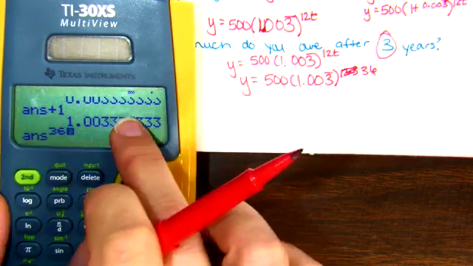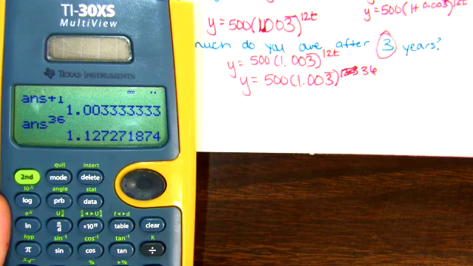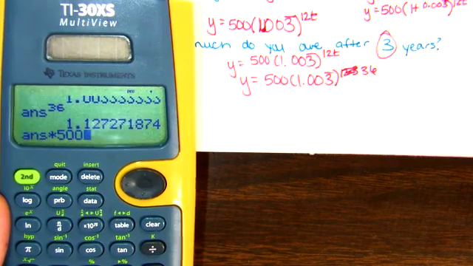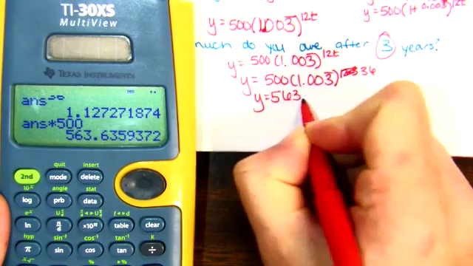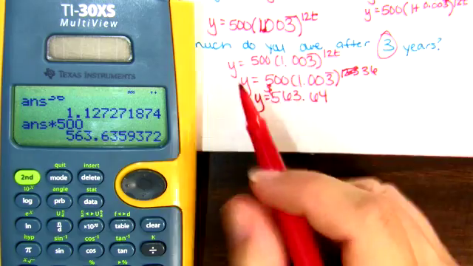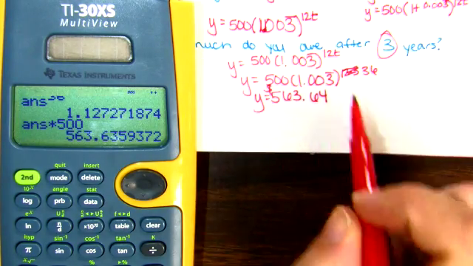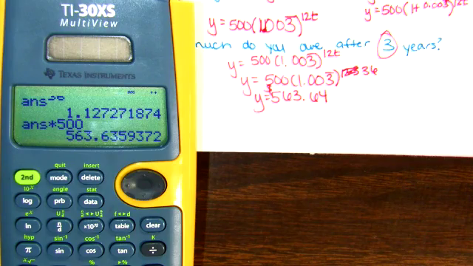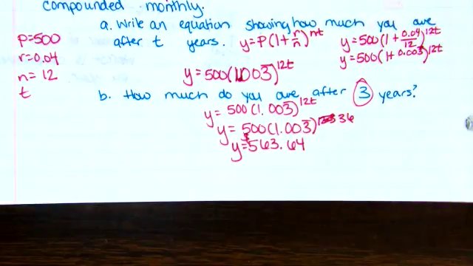That means it's taking this answer and pulling it down. I raise that to the 36th power, and I multiply that answer by 500. And I get y equals 563.64. So I borrowed 500 to start off with. After 3 years, I'm going to owe $563.64. So there's another example of how to do this, but in this case where we're compounding monthly instead of yearly.